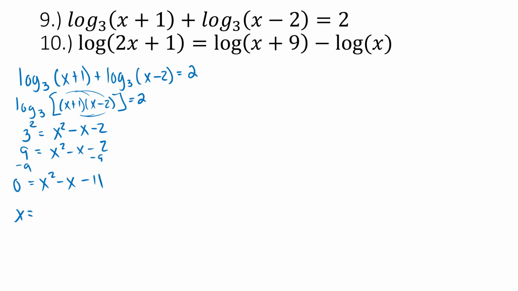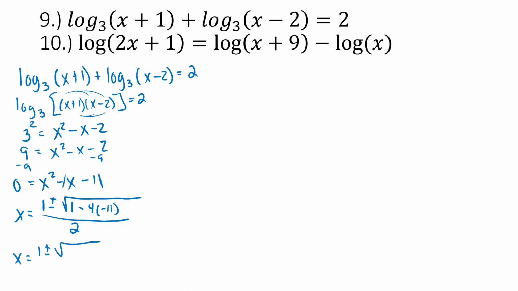So x is equal to the opposite of b. b is negative 1, so the opposite of negative 1 is positive 1, plus or minus the square root of b squared. Negative 1 times negative 1 is positive 1, minus 4 times 1, because a is 1, times negative 11, all over 2 times 1.